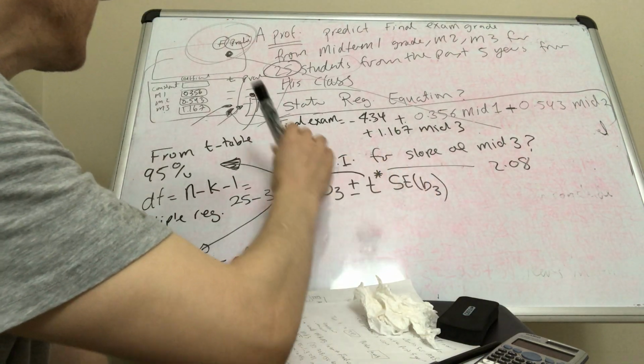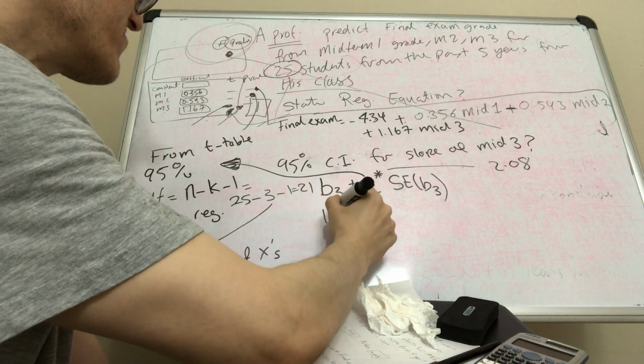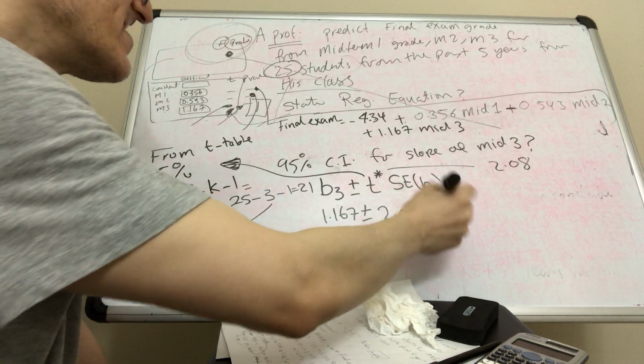So for B3, you take the coefficient, which is 1.167208.